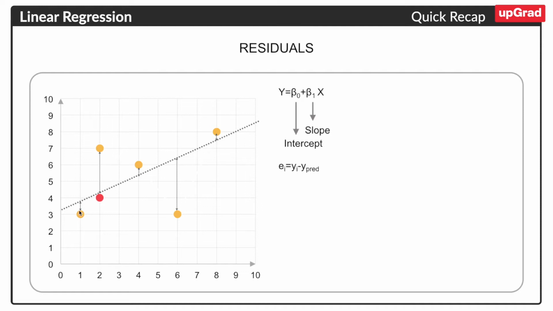Let's say these are all data points, x1, x2, x3, x4, x5, and these are the y values, y1, y2, y3, y4, y5. So E of 2, the error of the second point, will be nothing but yi minus y prediction. So yi is the actual value, which is 7, minus y prediction, which is 4. So this is the error formula.